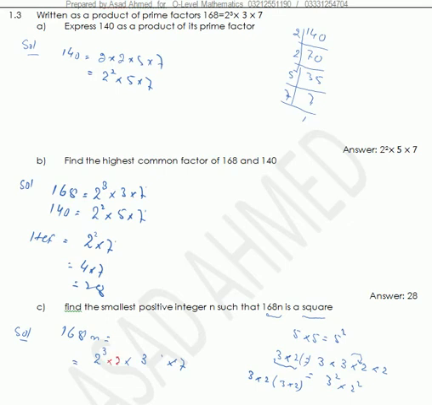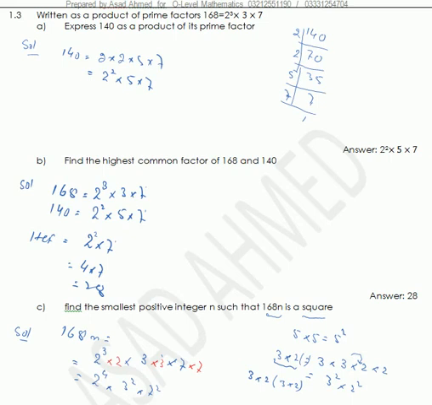We multiply by 2 here, by 3 here, and by 7 here. Now it becomes 2 to the power 4, 3 square, and 7 square.